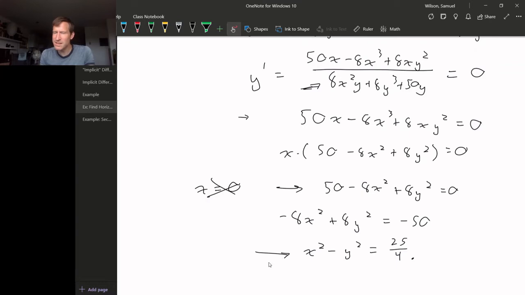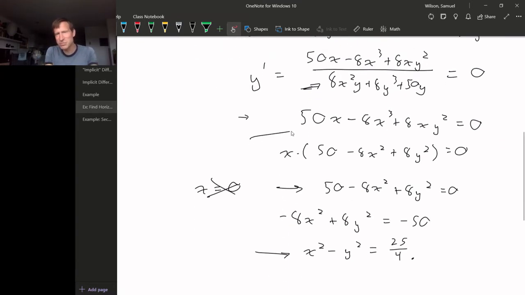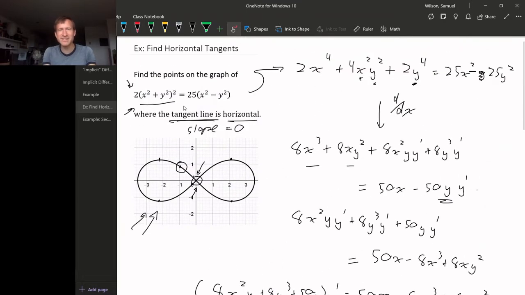And this doesn't give us just a single solution. So we have this equation where we're insisting that the slope of the tangent line be 0, and we get this whole graph's worth of solutions. But what we haven't done is add the condition that we're looking for points on the original graph.